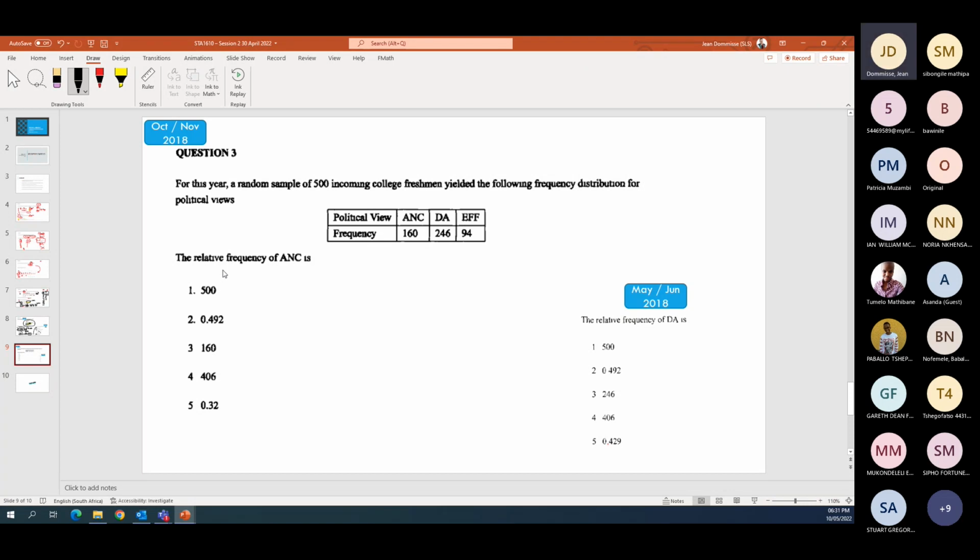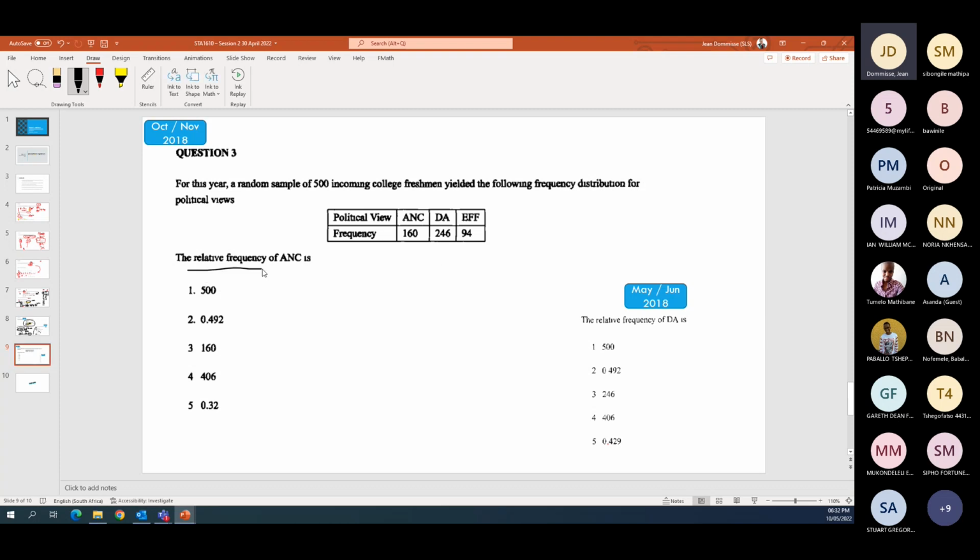So what is important about this is that we need to know what is relative frequency. Luckily in that PDF document, the summary that I've sent you on WhatsApp, we have done something like this.